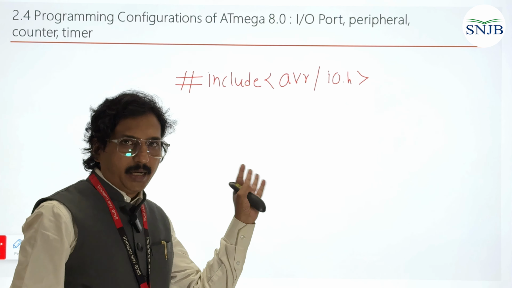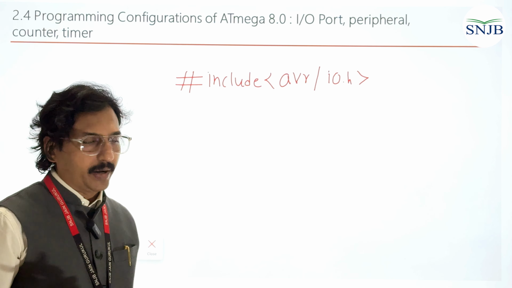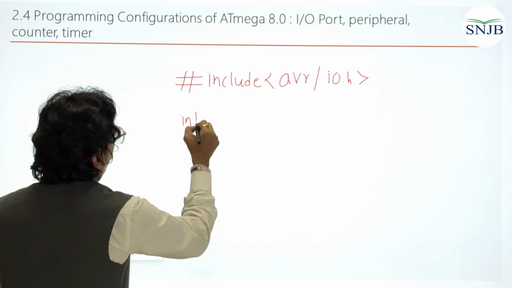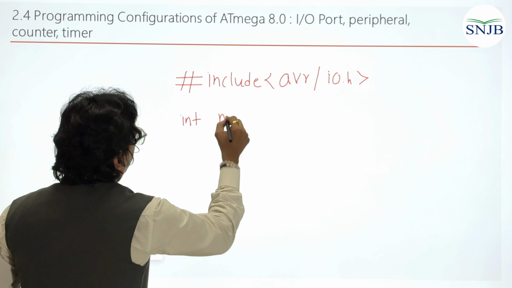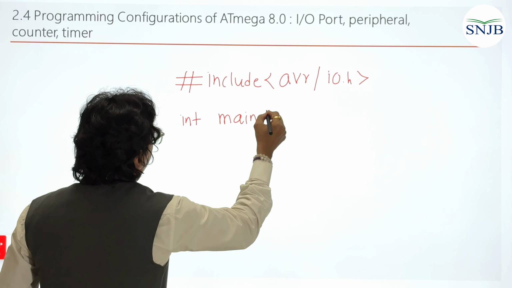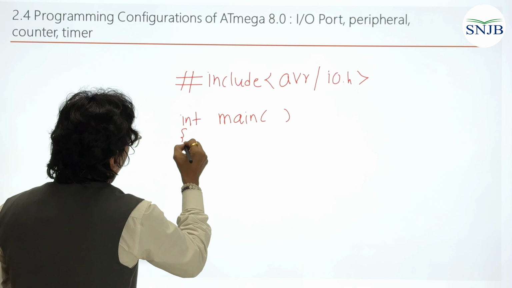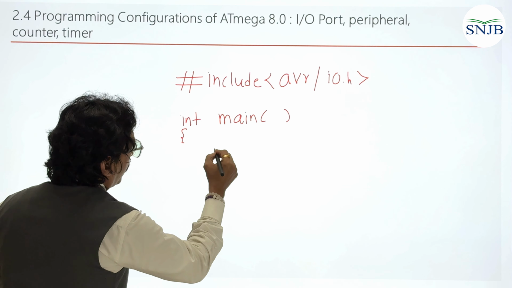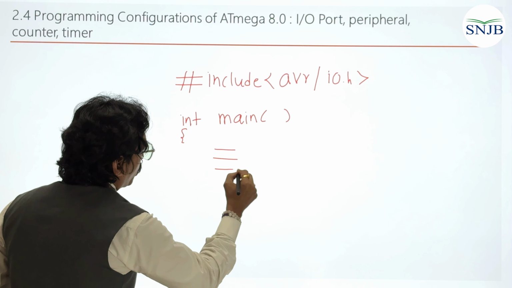This is the syntax of including a header file. Then you have to write the integer main function. You have to write main, and this main is having numerous statements.